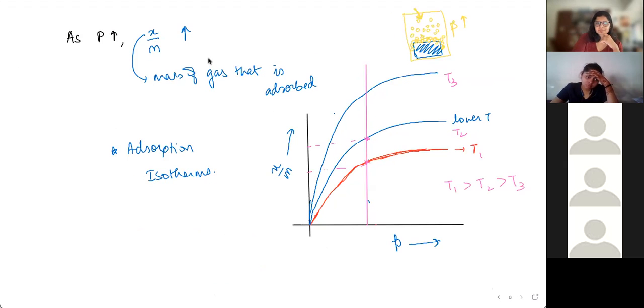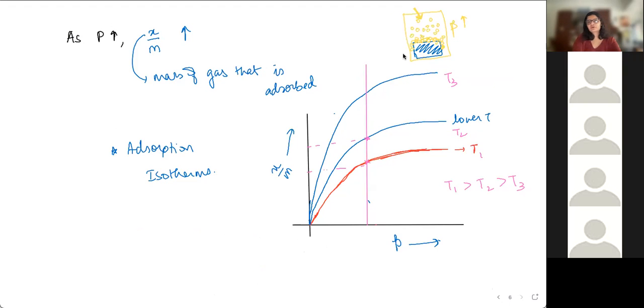Uske baad this. So when you draw the graph and compare the values, this is how the shape is. According to the equation, as pressure increases, the amount of adsorbate, the gas that is adsorbed, also increases. That's what X by M is. But it's not a linear increase. This is what the graph looks like. Each graph is at a constant temperature, so that's why it's an isotherm.